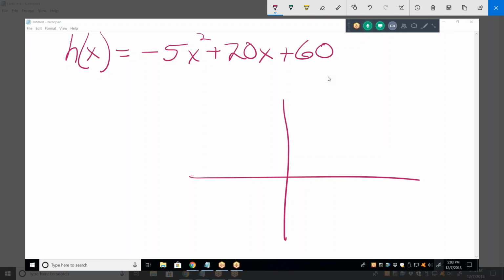Notice that when you plug in 0 for x, the first two terms disappear. In other words, it's always this number, 60. The equation tells you that it's being launched from 60 meters.